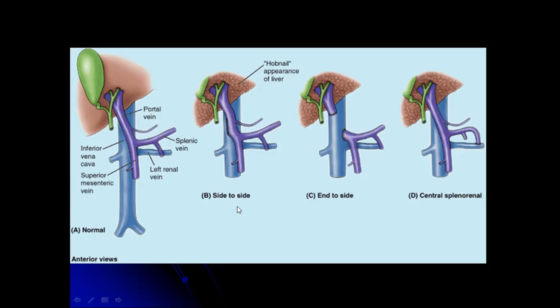These are side to side or end to side, and central splenorenal, where the splenic vein drains into the left renal vein. That is the splenorenal shunt. This is how we treat portal hypertension.